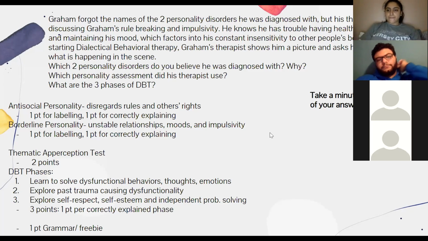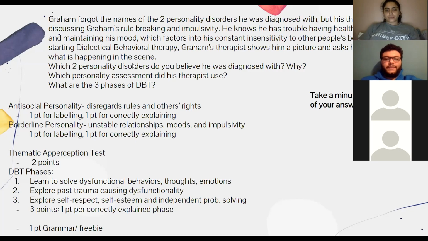Yeah. So for the first question, we're asked what two personality disorders. You would have to specify not just that they are personality disorders, but which ones. There have been situations where she's asked the general type, so it would ask what category of disorder, and you'd have to say anxiety disorder or PTSD or something like that.